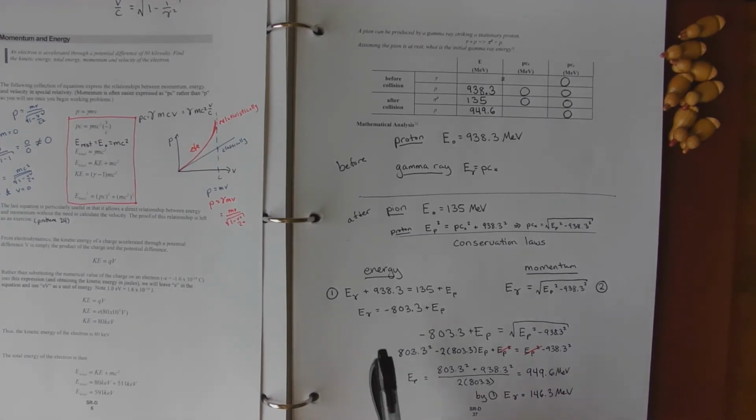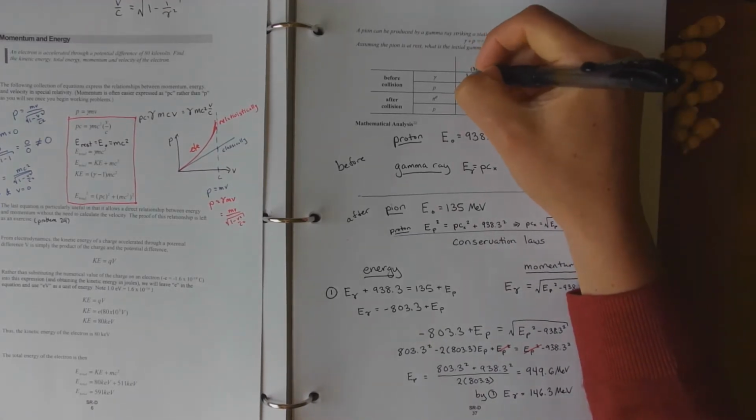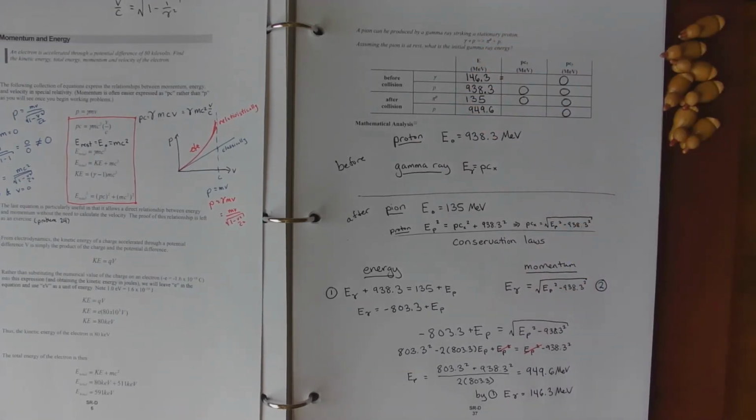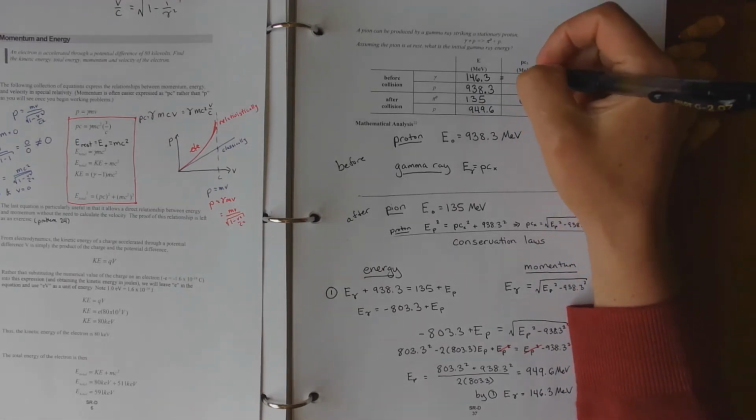And because that came from equation 1, it should be true that 146.3 plus 938.3 is equal to 135 plus 949.6, and that works. So the total energy is conserved.